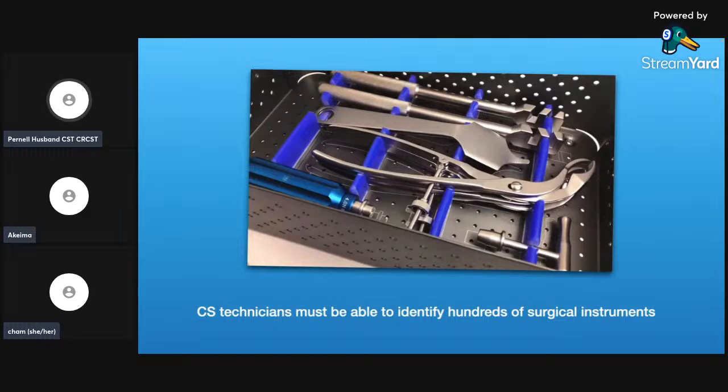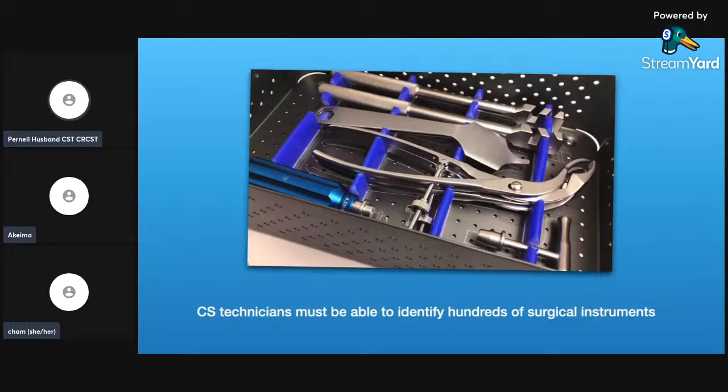Central service technicians must be able to identify hundreds of surgical instruments. You're not going to learn them overnight. There's no requirement to learn them overnight. To become a certified technician, you don't have to know a whole bunch of instruments. It happens over time.